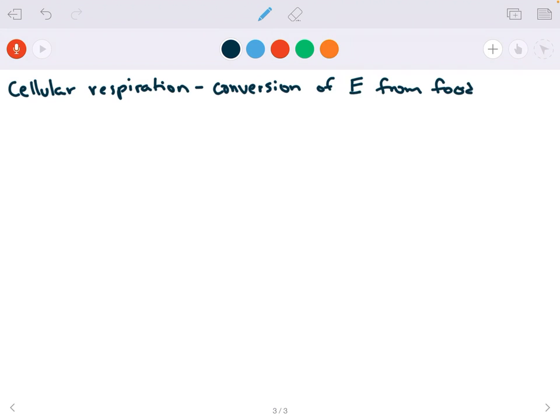Right, so I've talked about cellular respiration, but what exactly is the definition of it? Right, cellular respiration is the conversion of energy from food into chemical energy the body can use.